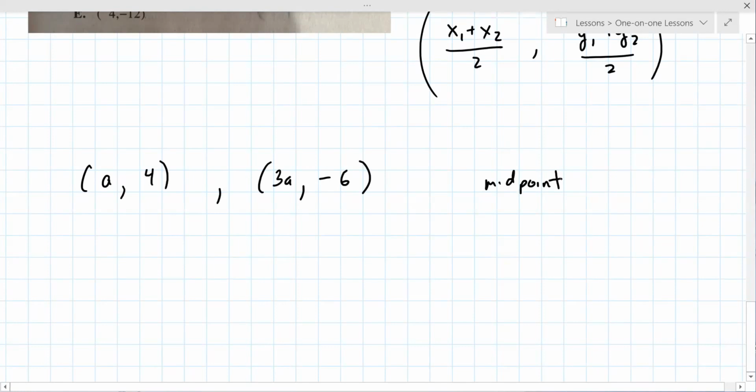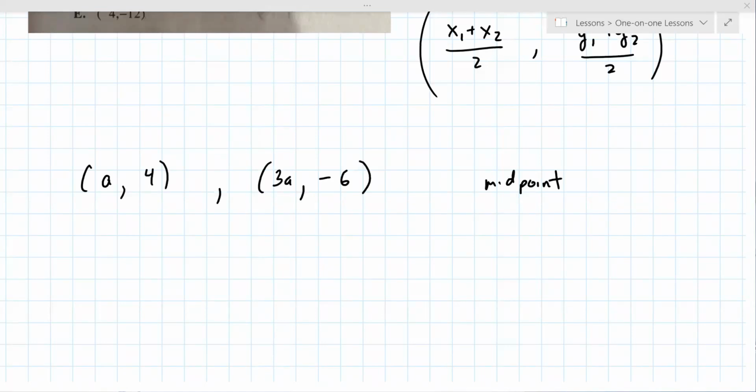Midpoint. Okay, so you do 3a... -2. Is it 2a comma -1?